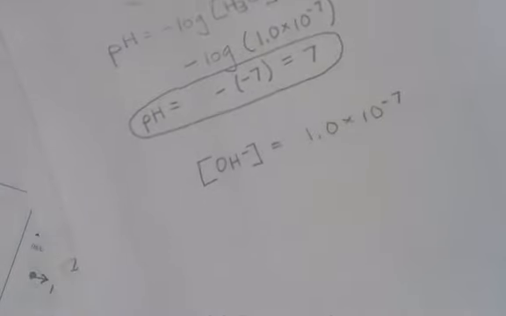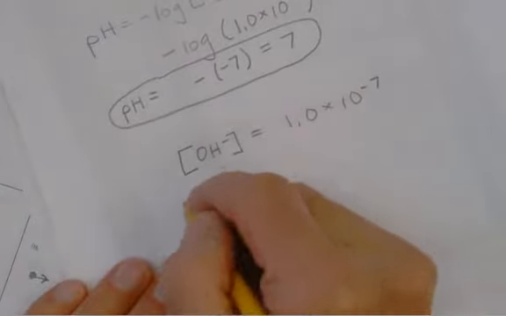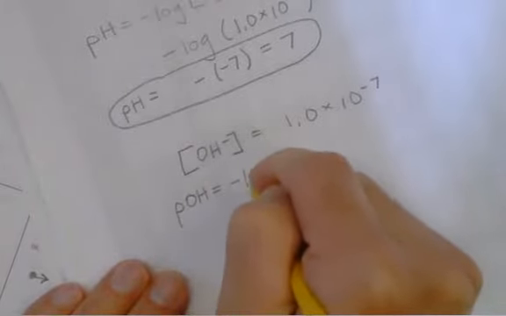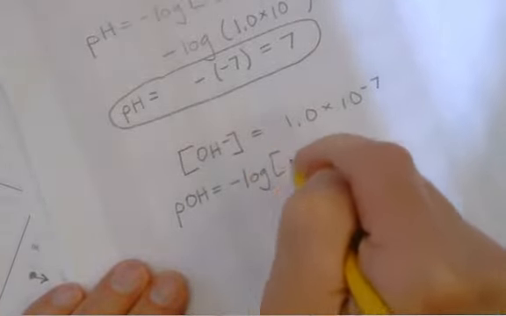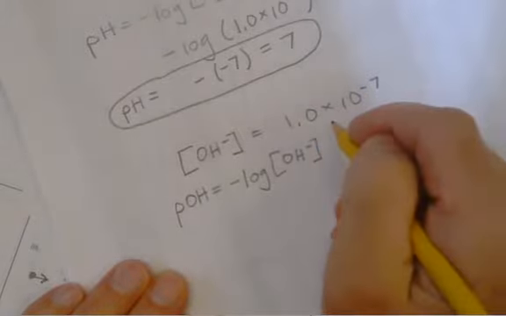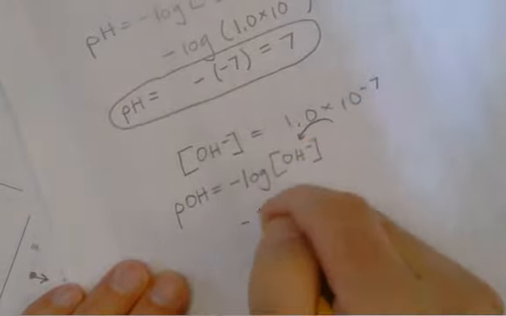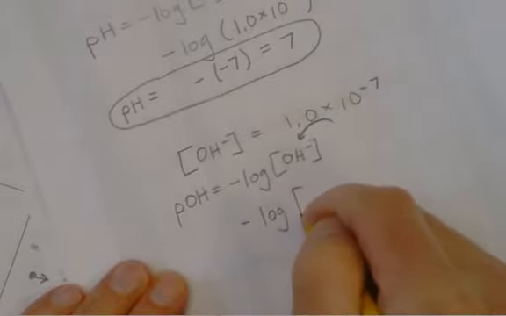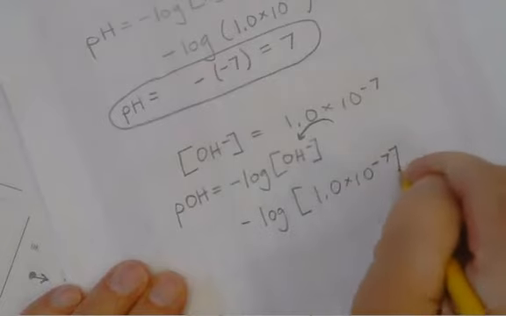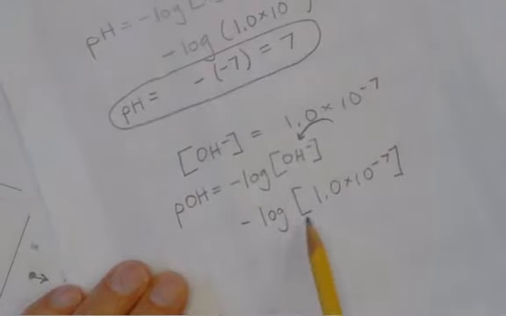Let's do the same thing with OH. We're obviously going to get the same result. The definition of pOH is take minus the log base 10 of whatever the hydroxide ion concentration is. Okay, plug that in. We need minus the log base 10 of 1 times 10 to the minus 7th. If you don't believe me, please go ahead and punch it in your calculator.